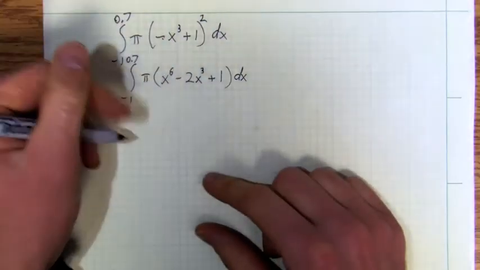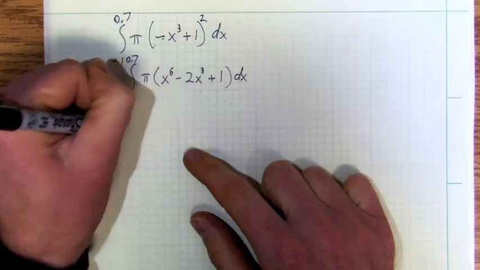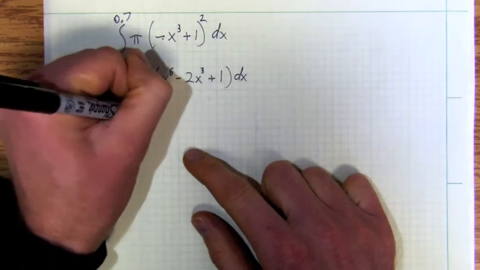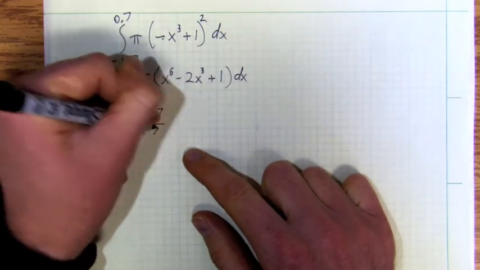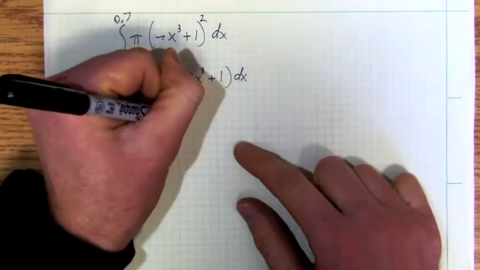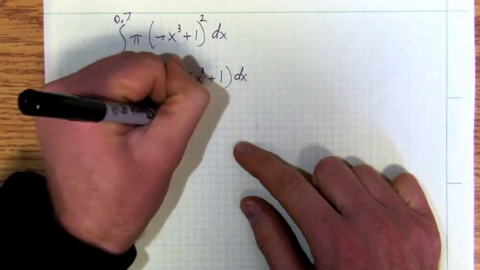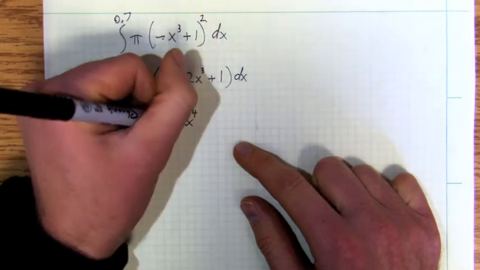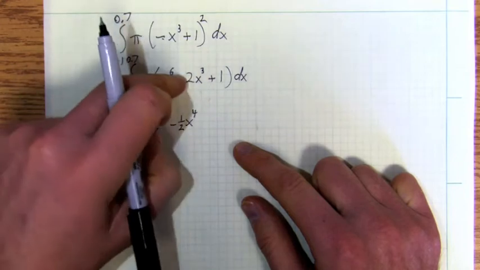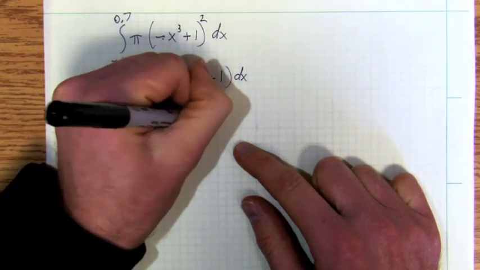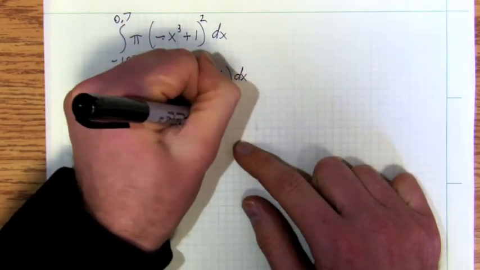So then I'm going to get pi times x to the 7th over 7 minus x to the 4th over, so that's going to be a 1/2. You can pause me and figure that out.